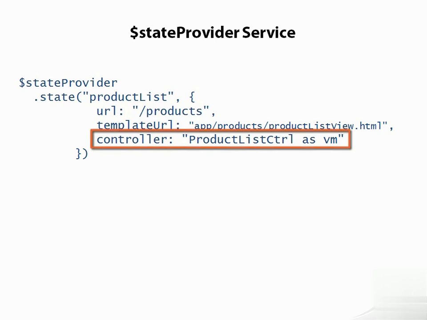Since we are using the controller as syntax for managing scope in the application, as discussed earlier in this course, we are adding the as and an alias here. There are additional object properties available for defining more complex states. Check out the UI router documentation for the full list of properties. Now that we know what a state looks like, let's configure the state for our product list view.